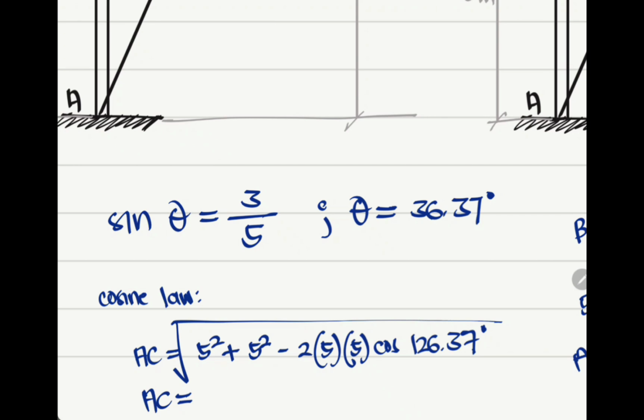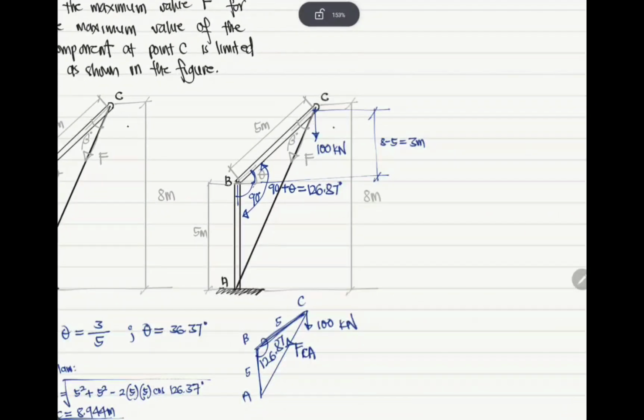Using your calculator, A to C is 8.944 meters.